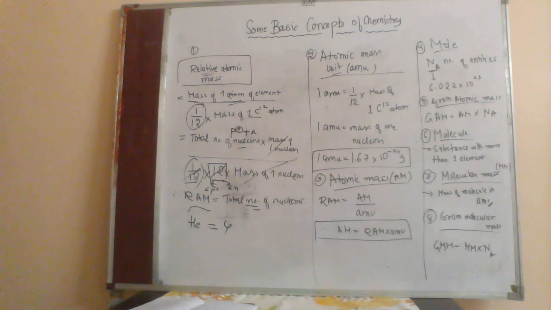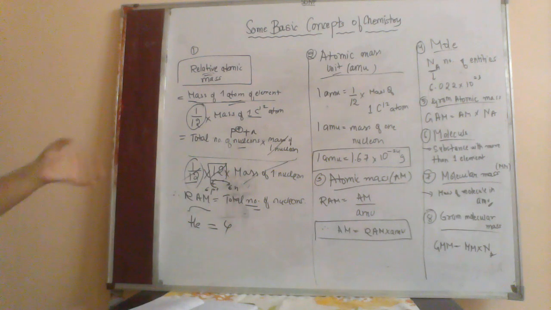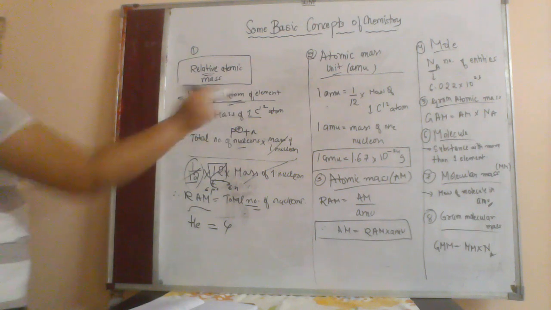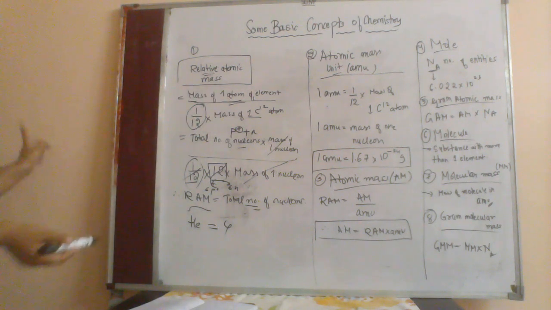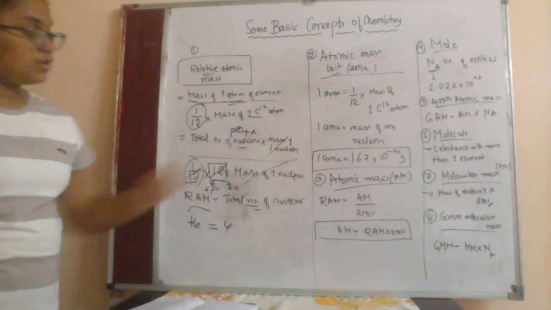Now coming to the next, atomic mass unit, AMU. We also saw it before while learning basic conversions. So 1 AMU is 1/12 of the mass of one carbon C12 atom. Again, I can write it as the mass of one nucleon. Why? Because the mass of one C12 atom means 12 times the mass of one nucleon. Again 12 will get cancelled, so we get the mass of one nucleon remaining.